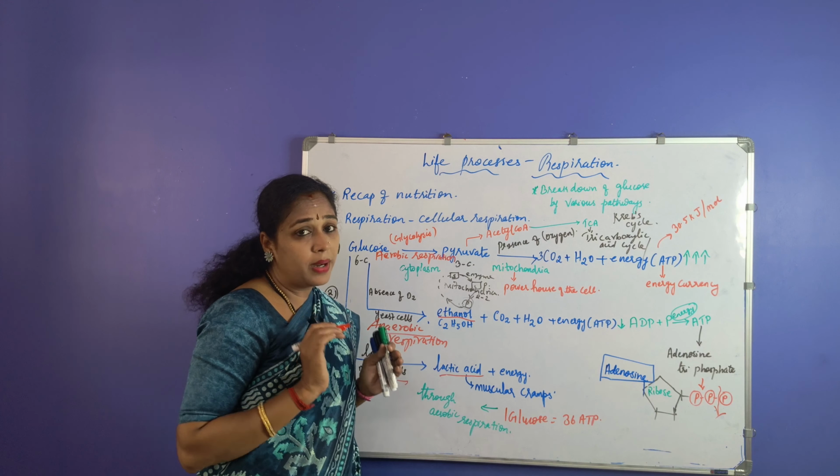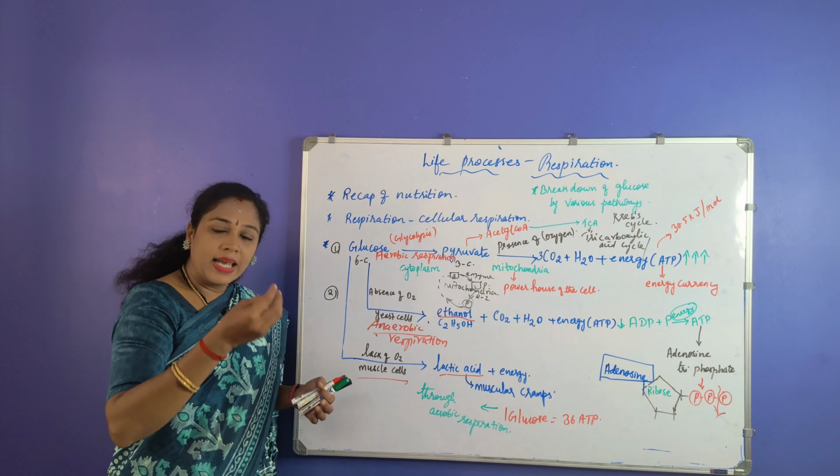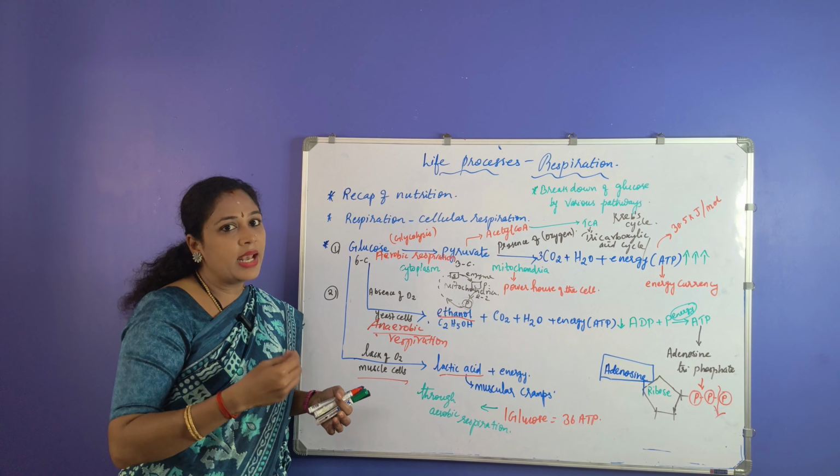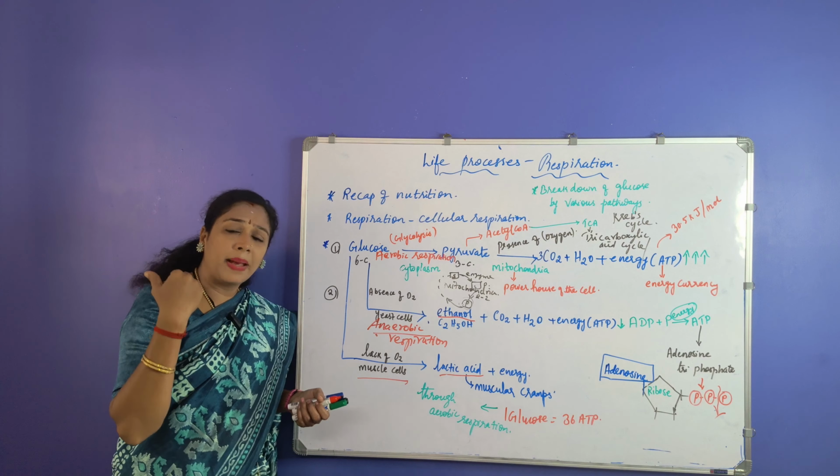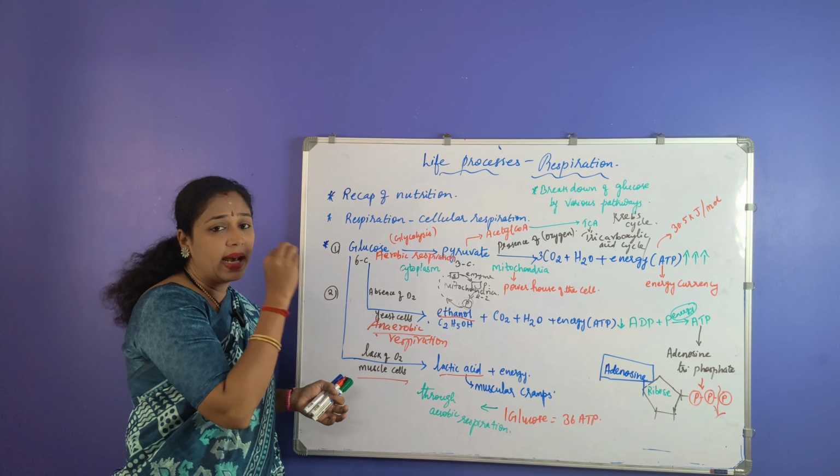These conversions take place in each and every cell of the body, and I have discussed only glucose. Likewise, you have it for amino acid and fatty acid, because we eat different kinds of food items and all that is converted into simple form. Every nutrient that we intake has some vital role in the cell, like repairing mechanical damage, or producing energy for daily processes. All these take place because of the energy.